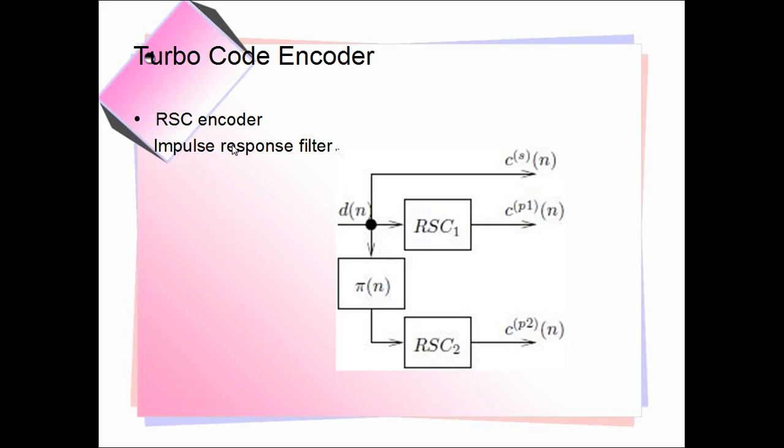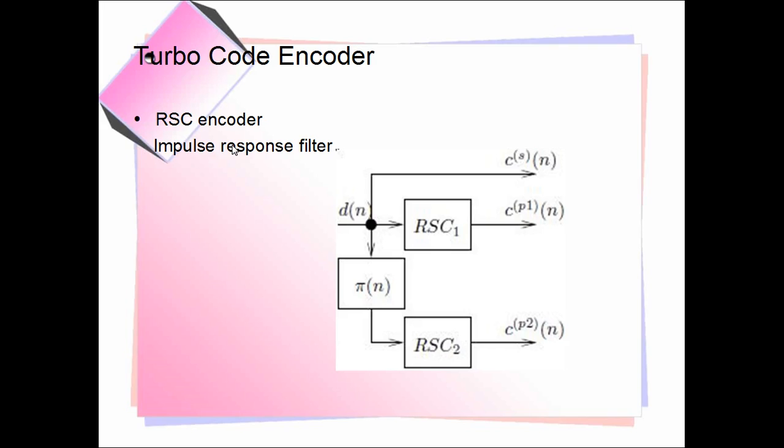And by the name, we could know that this encoder scheme has a recursive architecture, which means when the sequence passes through the RSC encoder blocks, what we can see here in the chart, the sequence D of n is passed through RSC1 and RSC2. When passed through these blocks, the sequence will divide into two parts.